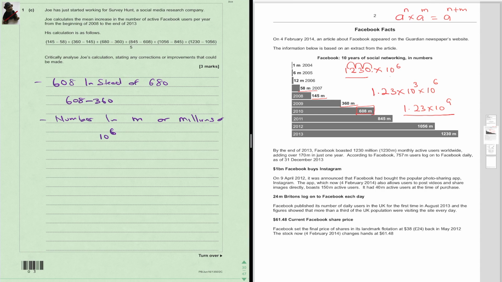The denominator should be 6, not 5, as seen in the calculation, because we've got 1, 2, 3, 4, 5, 6 here. So the denominator should be 6, not 5.